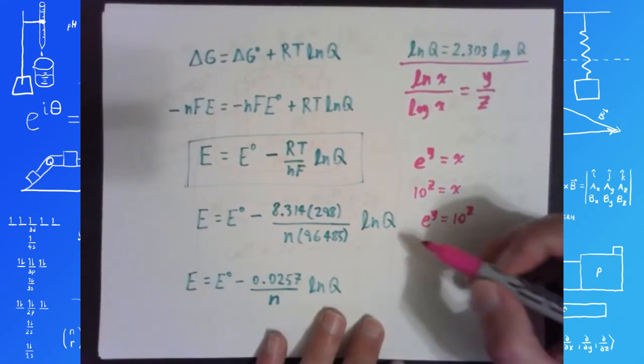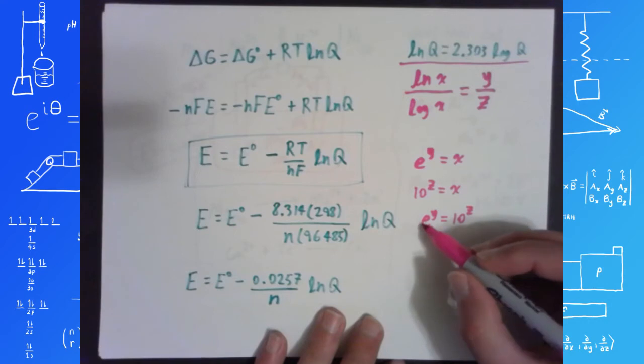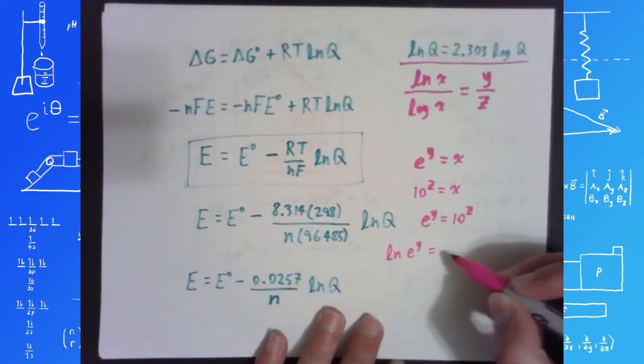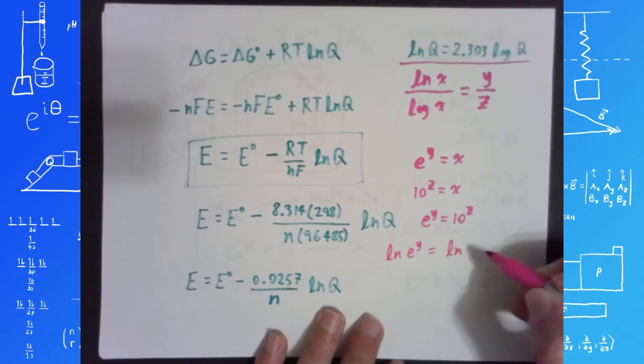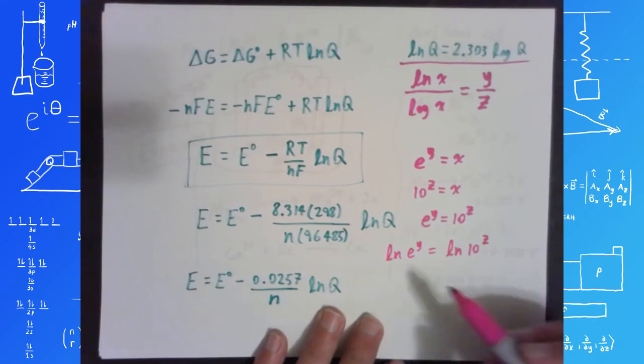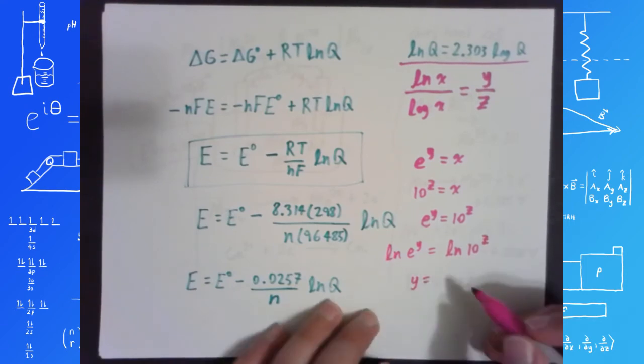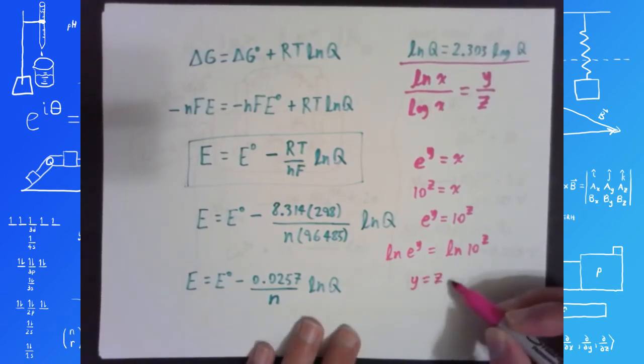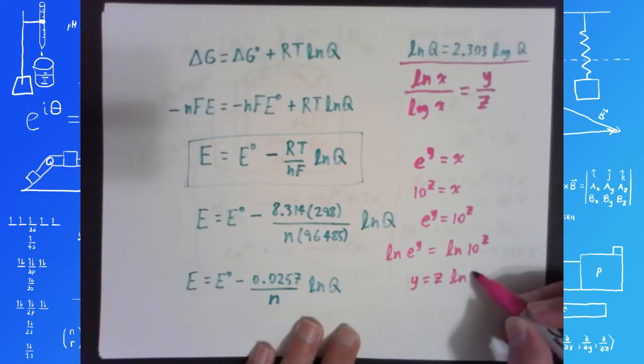If I take the natural log on both sides, natural log of e to the y equals natural log of 10 to the z. Natural log of e to the y just gives you y, equals z times the natural log of 10.